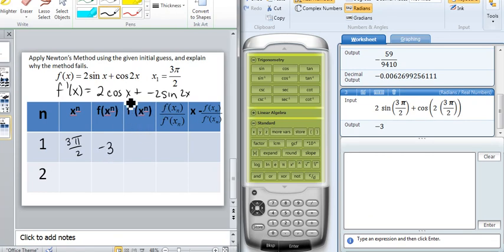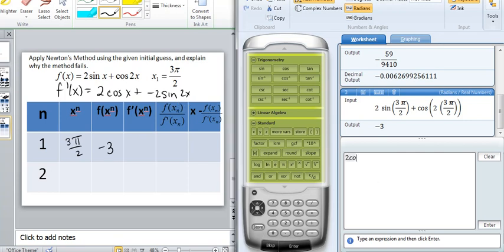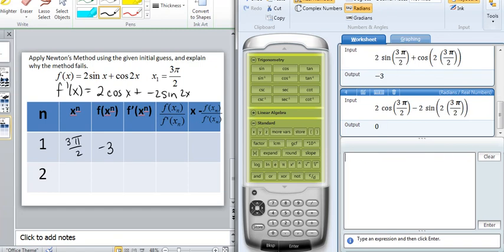Now if I plug that same value in for f prime, 2 cosine of 3 pi divided by 2 minus 2 sine of 2 times 3 pi divided by 2 gives me the answer of 0.